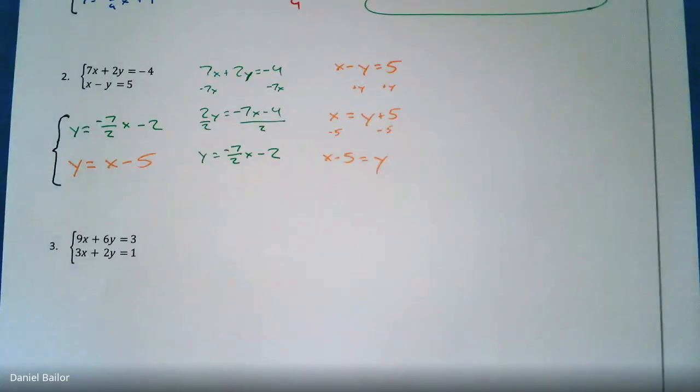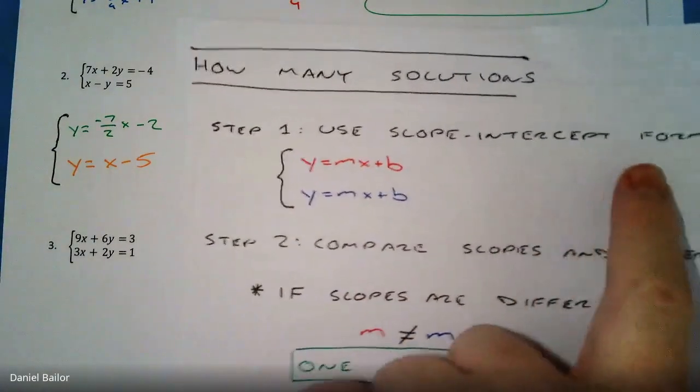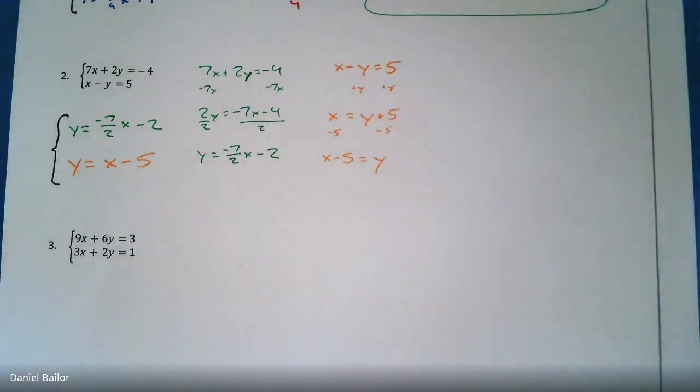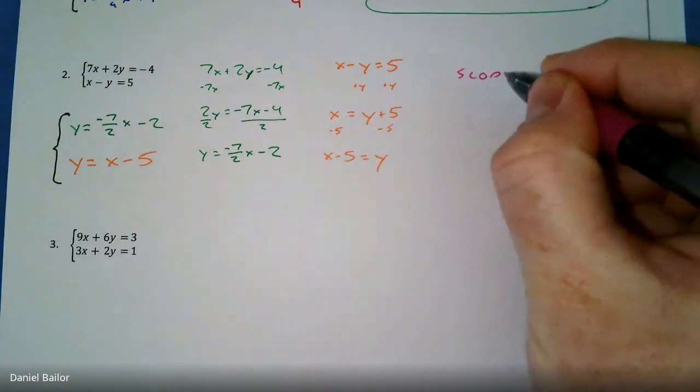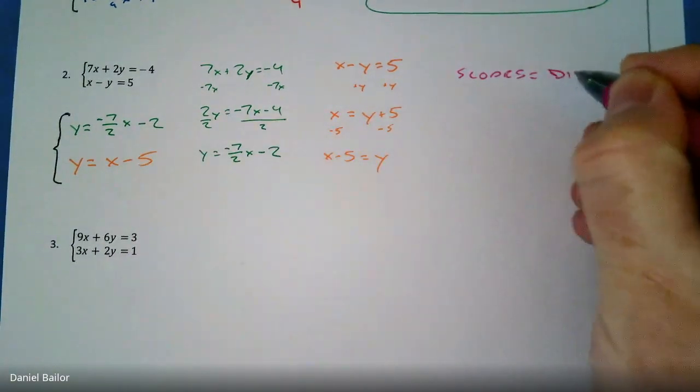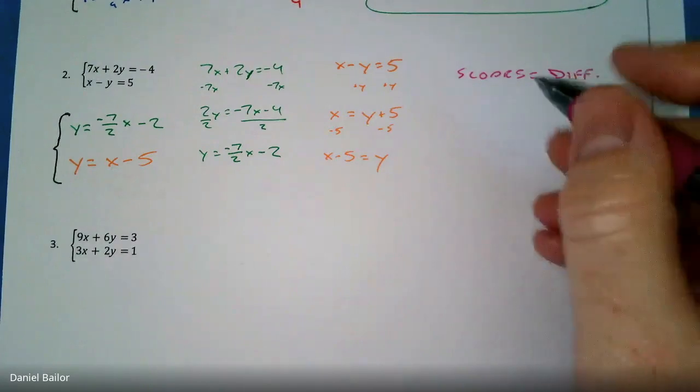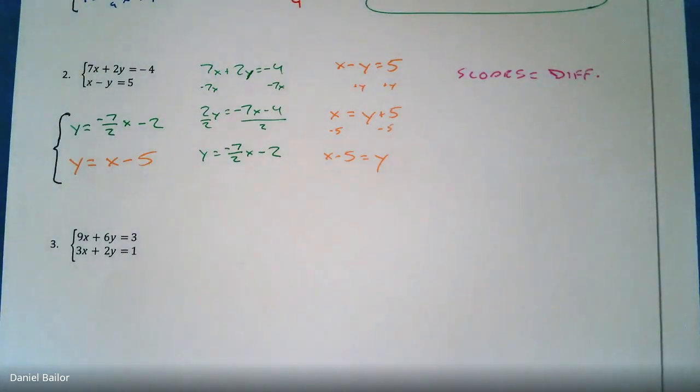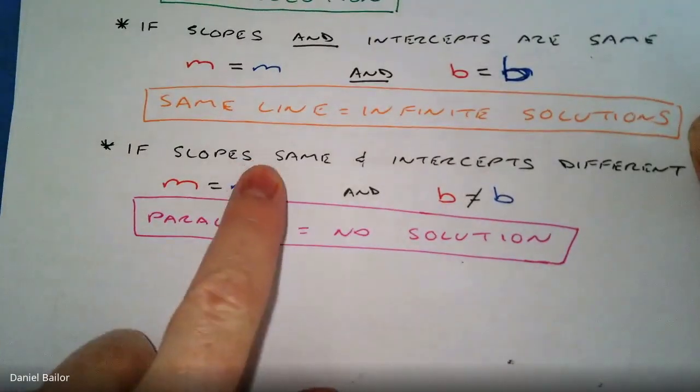That's step 1. So let's look at our chart. Step 1, slope-intercept form. Good. Now let's see which one it is. Let's look at our slopes. The slopes are different. Well, which one happens when the slopes are different? For no solution, the slopes have to be the same.